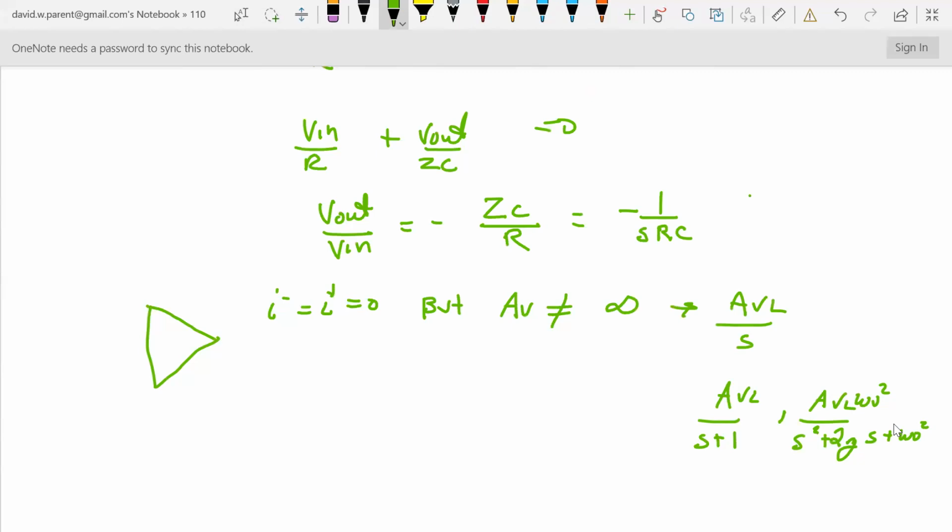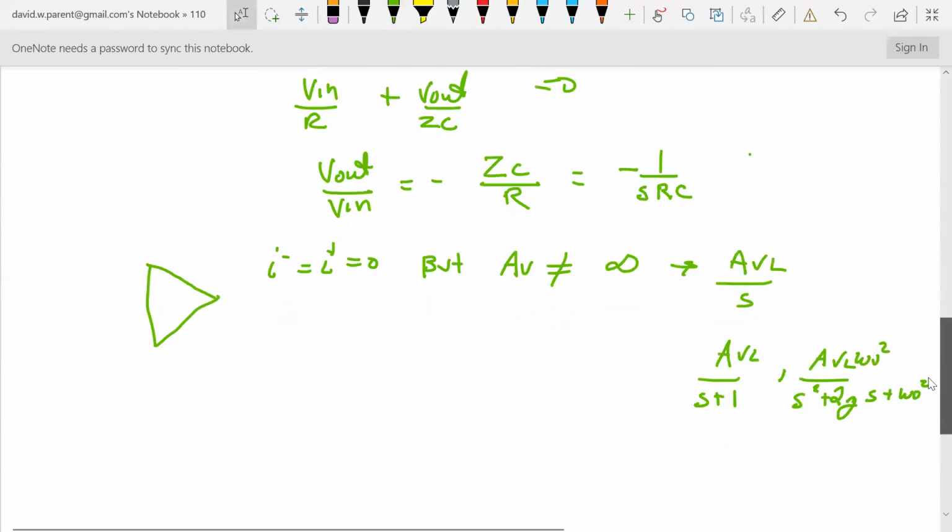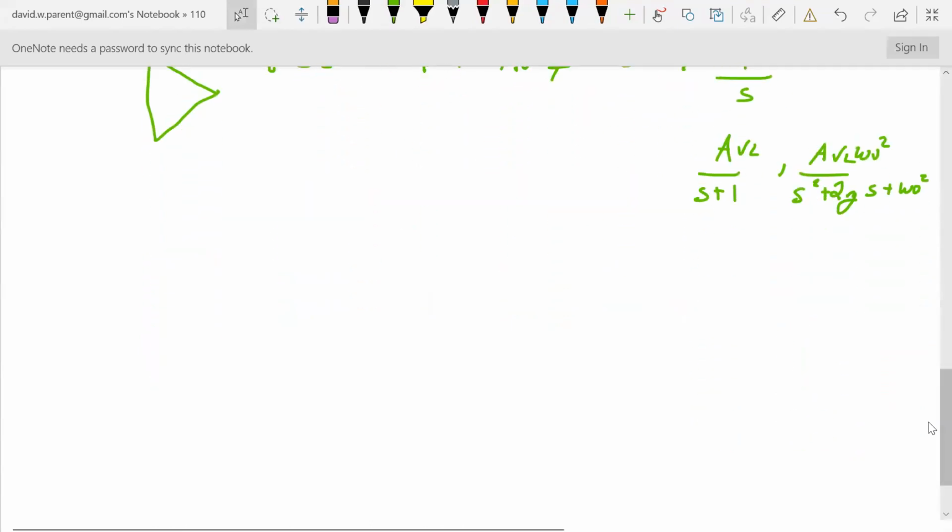Any questions on the inverting integrator? Okay. Now sometimes I can see some confusions, right?